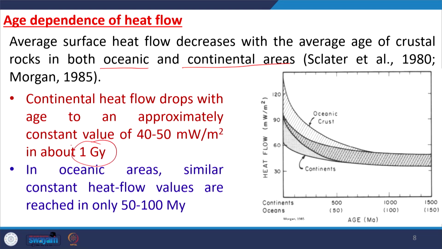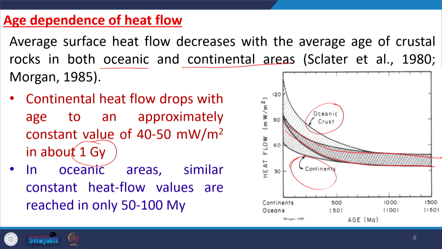Continental heat flow drops with age to an approximately constant value of 40 to 50 milliwatt per meter square at about 1 giga-annum. But in oceanic areas, similar constant heat flow values are reached in only 50 to 100 million years. If you see here, we have the average heat flow of the earth, the oceanic crust and the continental crust.